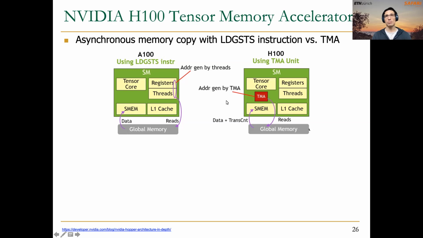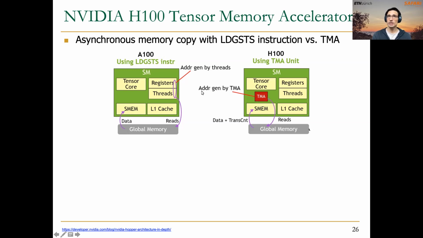This was efficient, but it can be even more efficient if we offload all the computation of the addresses, the address generation, from the conventional cores and the threads to this Tensor Memory Accelerator. So there will be one single thread sending a request to this Tensor Memory Accelerator.